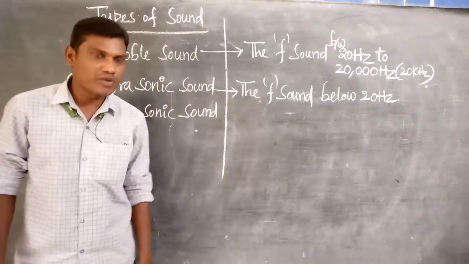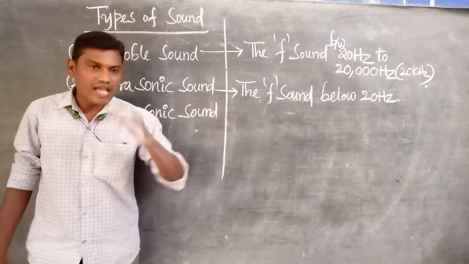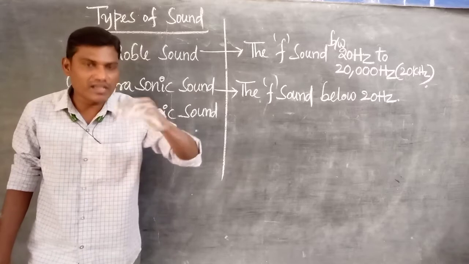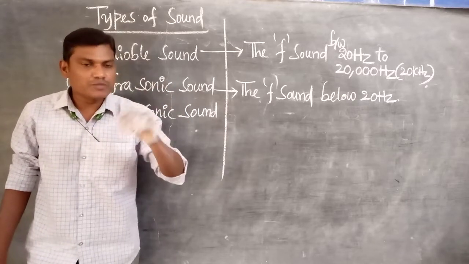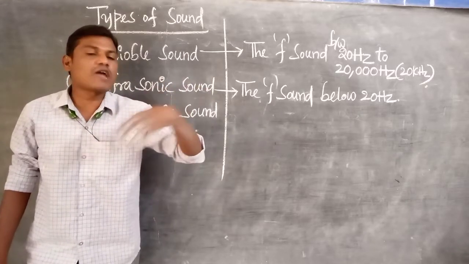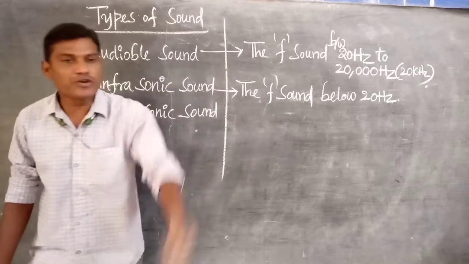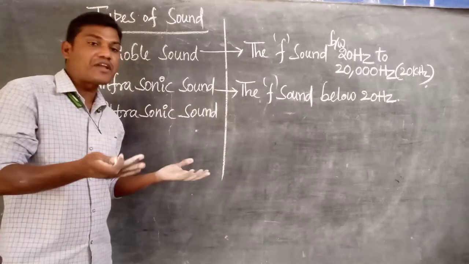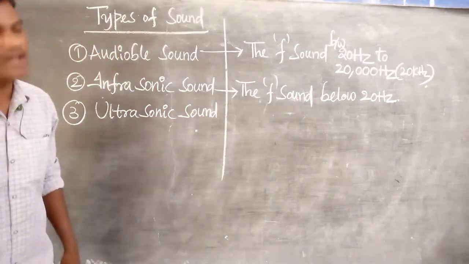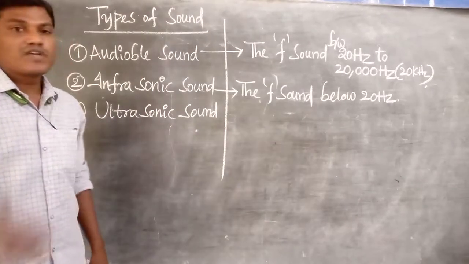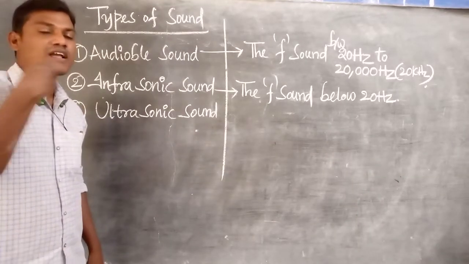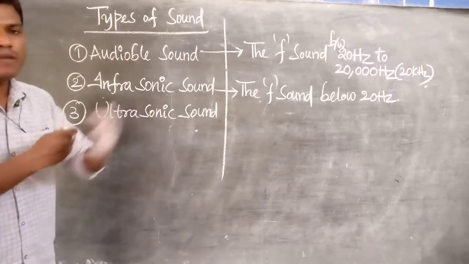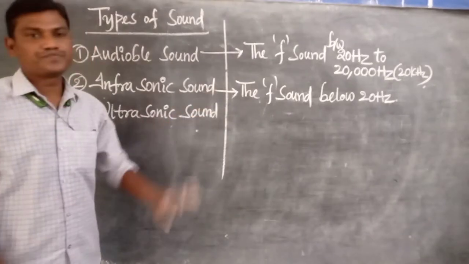In the case of elephants, they can communicate with the same species, that is, other elephants. One elephant speaks with other elephants, communicating in their own language by producing infrasonic sounds. But you are not able to hear them, even if you are just beside an elephant, because the frequency of the sound produced in their communication is below 20 Hz.